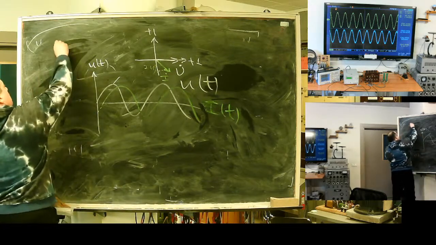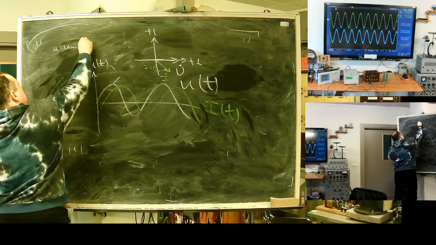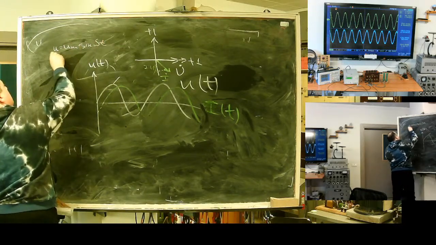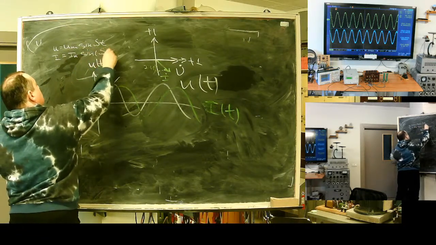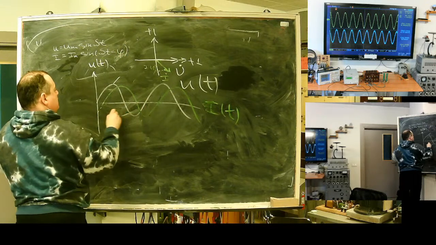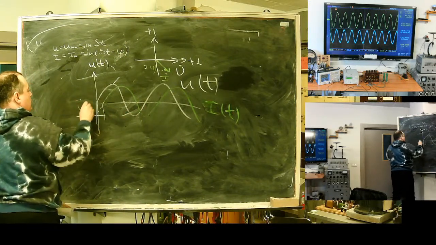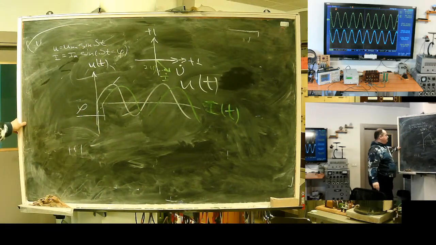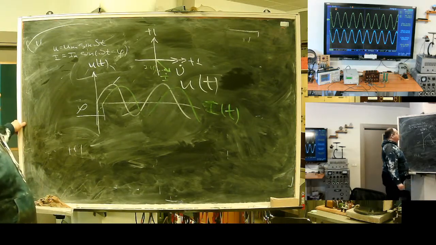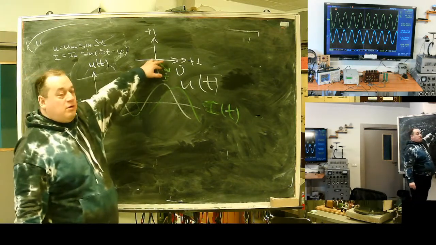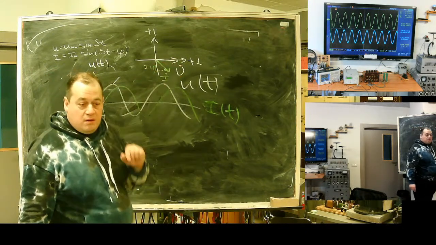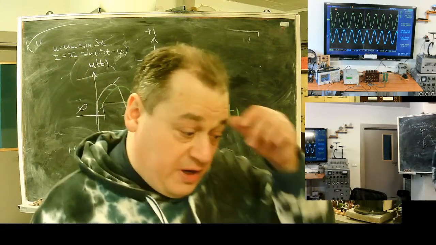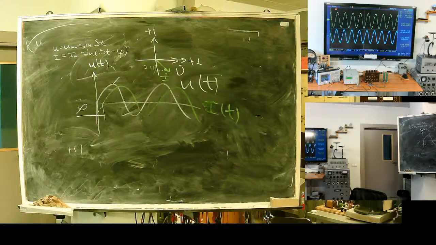So voltage will be sine omega t. Current will be sine omega t minus some angle phi. Here it is. Relation between vectors remains constant independently of whether the complex plane rotates or stands still.